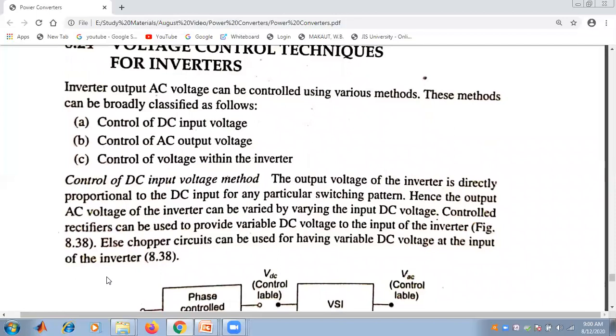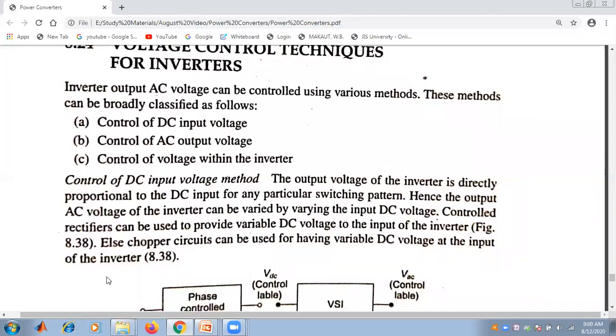So, the control of DC input voltage method. The output voltage of the inverter is directly proportional to the DC input for any particular switching pattern.